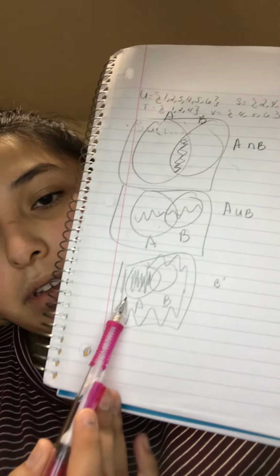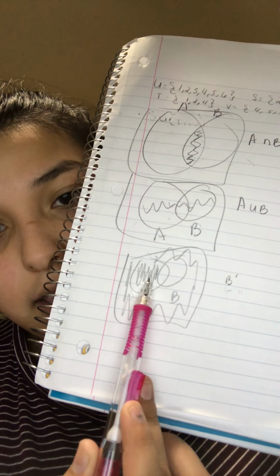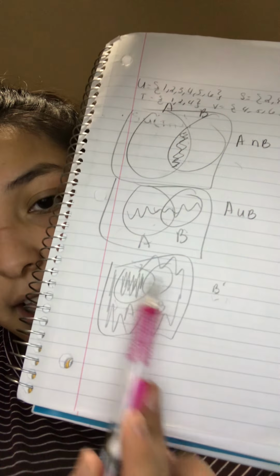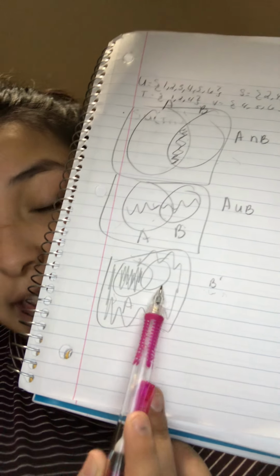So everything not B: you have everything of A and everything that's around A, which would not be B. So you would leave this part and this part, since B is also in the middle.